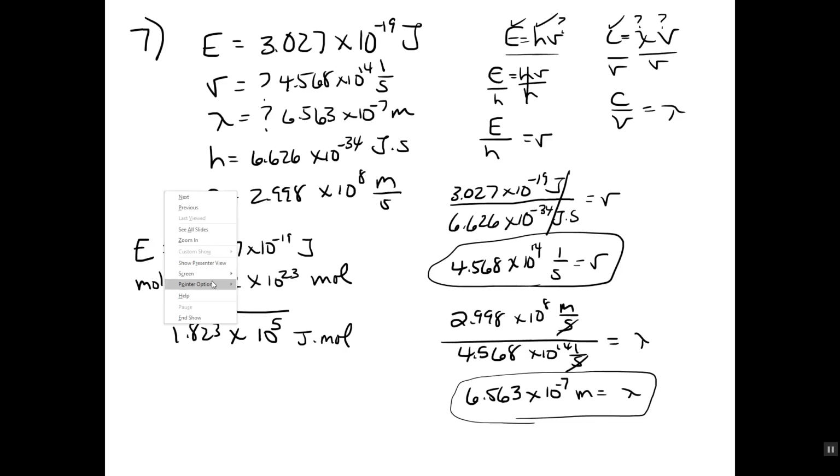Let's go on to problem 8. And problem 8 says, when rubidium ions are heated to a high temperature, 2 lines are observed in its line spectrum at wavelength. So it gives you 2 wavelengths now. Let's say wavelength sub A is equal to 7.9 times 10 to the negative 7th meters.